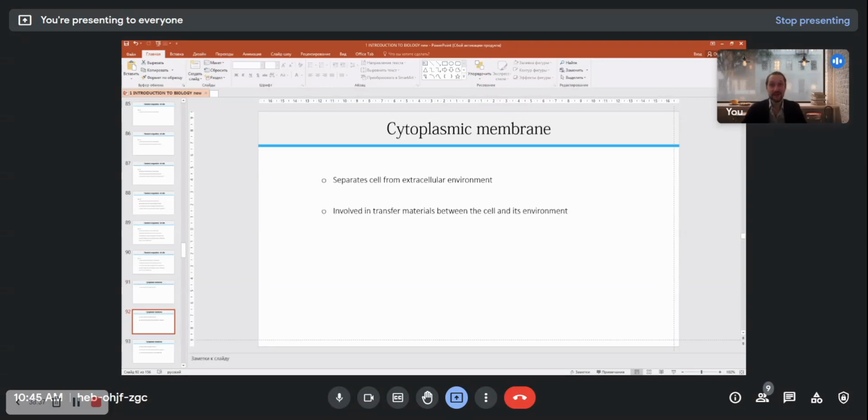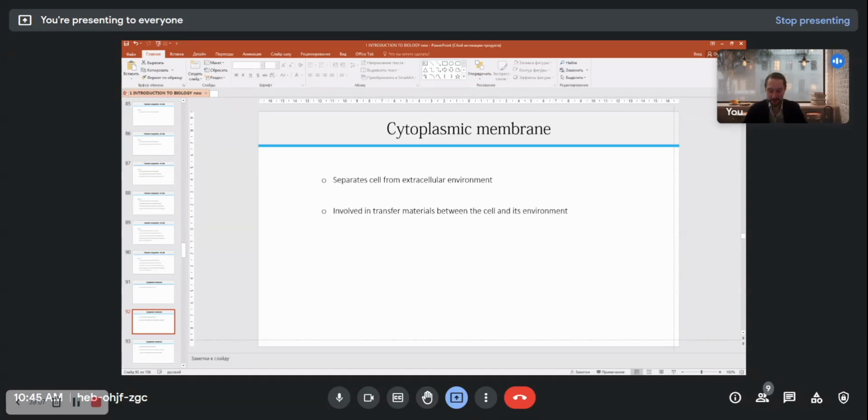But it is not only about isolation. This is also about interaction with the external world. For example, your skin. Your skin is used to separate your body from the external environment, but also you acquire a lot of information through the skin, through your sensory system that is associated with the skin.